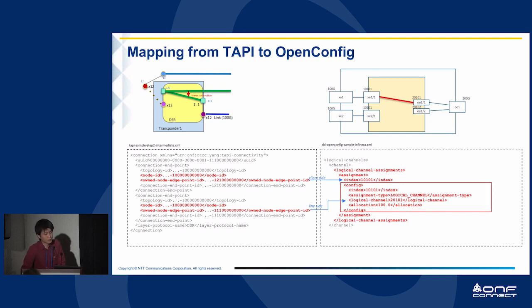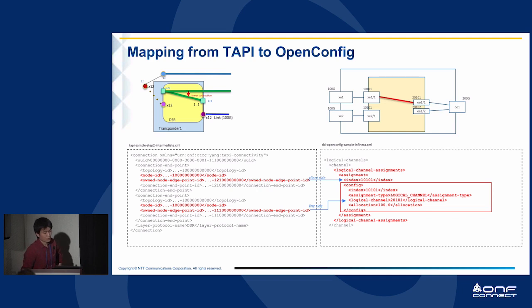And the mapping between Transport API and OpenConfig is quite simple. In the Transport API representation, the connection endpoints are created for both ends of the connection, this green line, and as endpoints of these connections, this green rectangle.